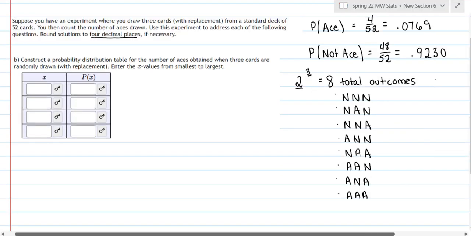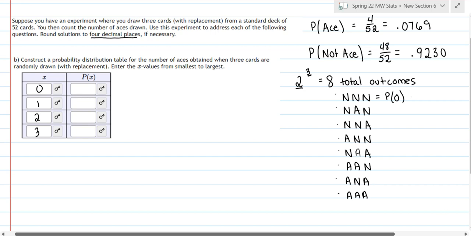Okay, we can get all those probabilities, but let's go ahead and fill out our table. So you have the possibility they could never get an ace. You could get 1, you could get 2, or all 3 times you could get aces. Okay, so the probability of 0 aces is this one here. No ace, no ace, no ace. Well, the probability of not getting an ace is 0.923, so I would need to multiply all of those.